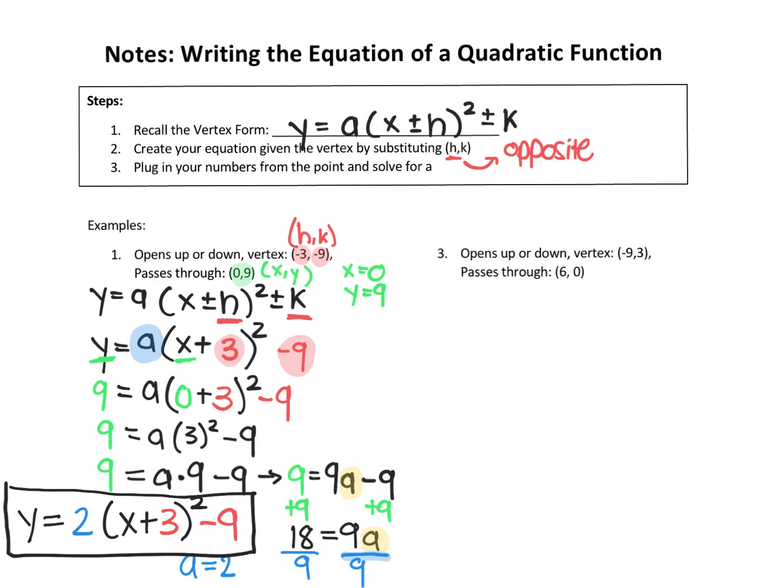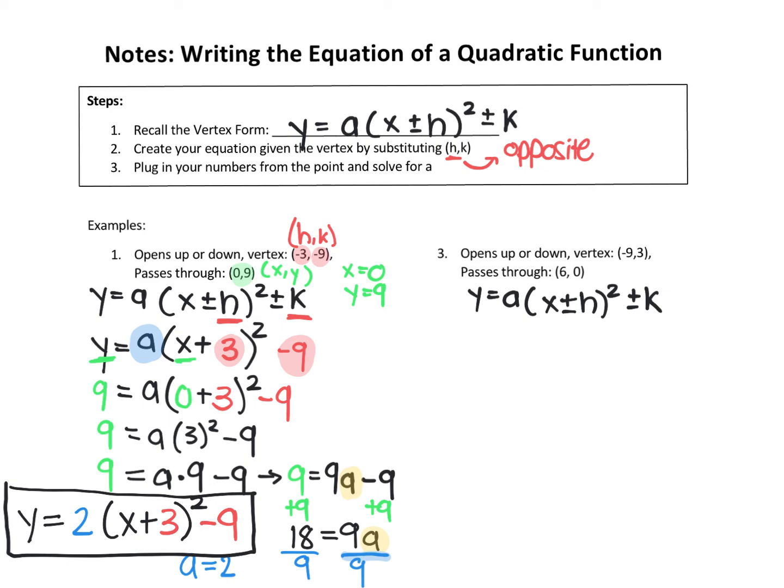Okay, if that was confusing, that's okay. We're going to do another one. So right here, let's again start off by writing the original equation. Y equals a parentheses x plus or minus h squared plus or minus k.